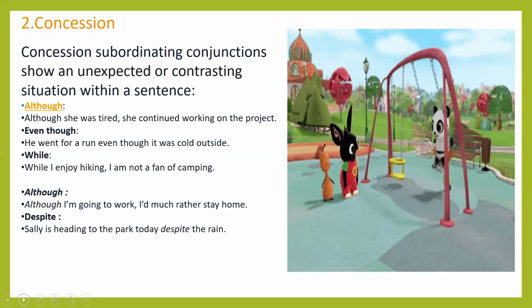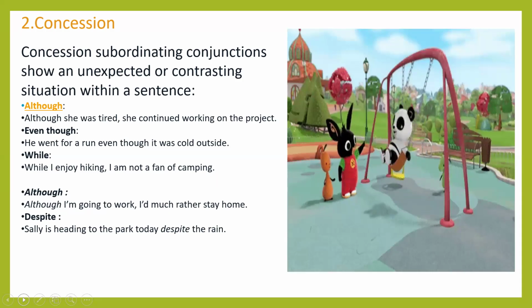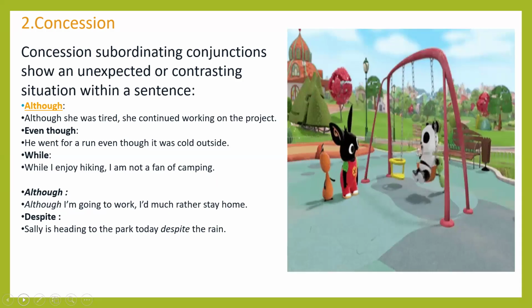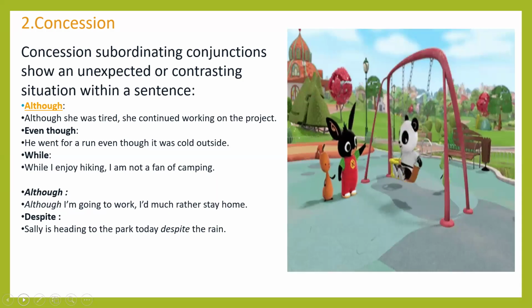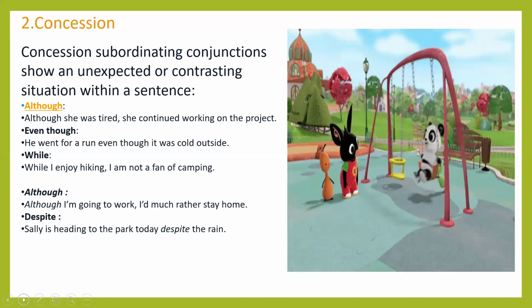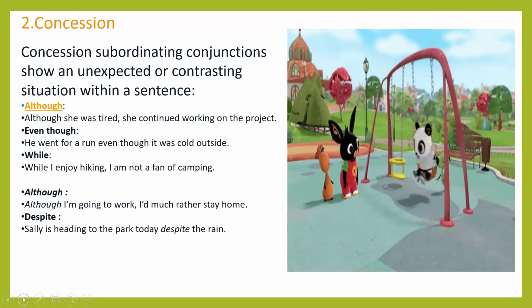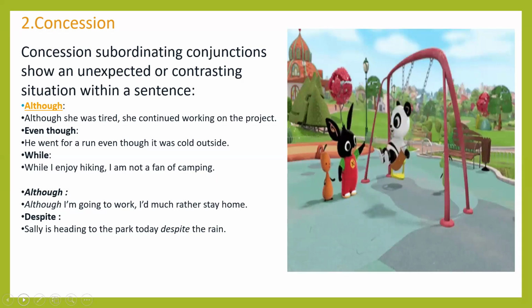Although I am going to work, I would much rather stay home. Sally is heading to the park today despite the rain. So these, even though, while, although, despite, are subordinating conjunctions which show an unexpected or contrasting situation within a sentence.